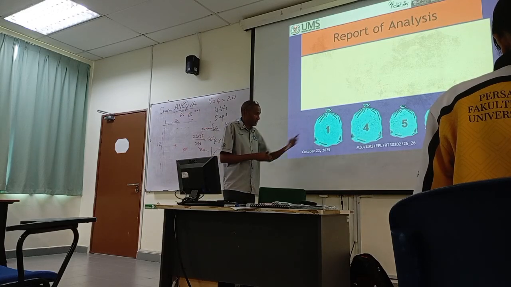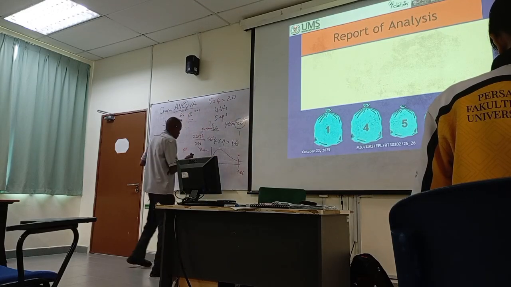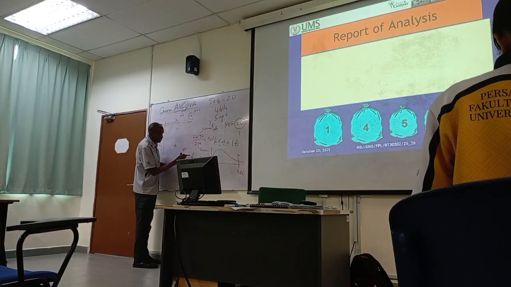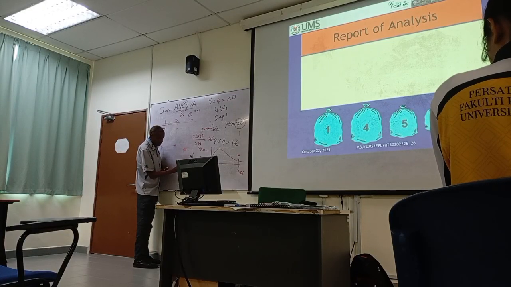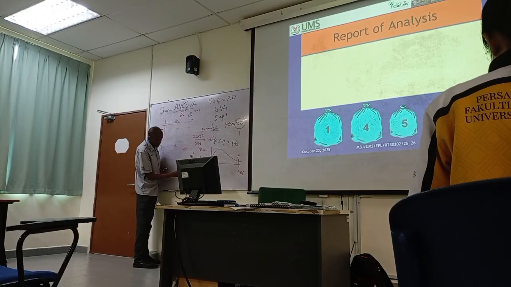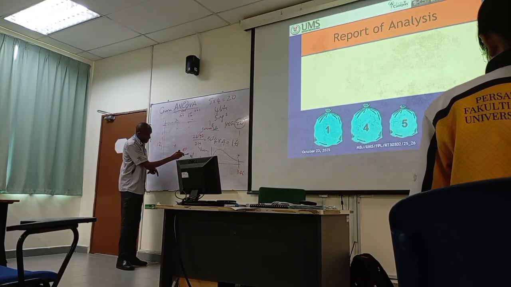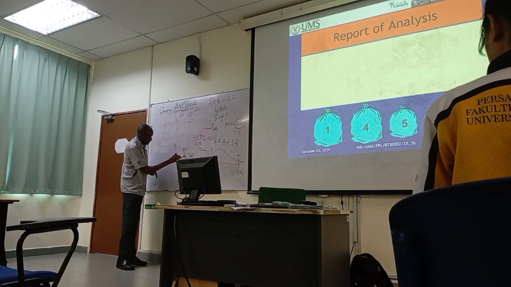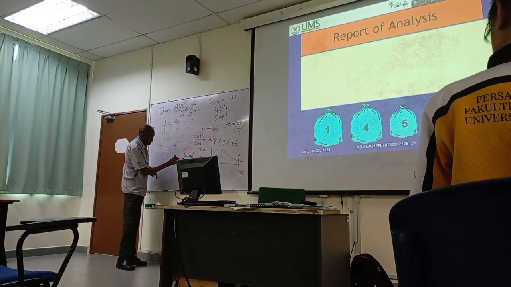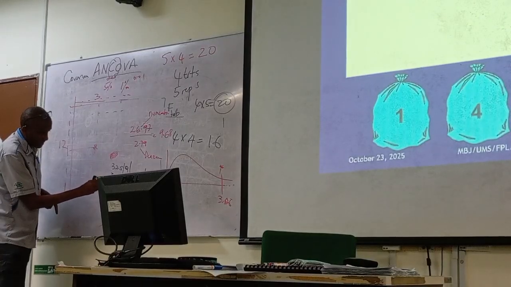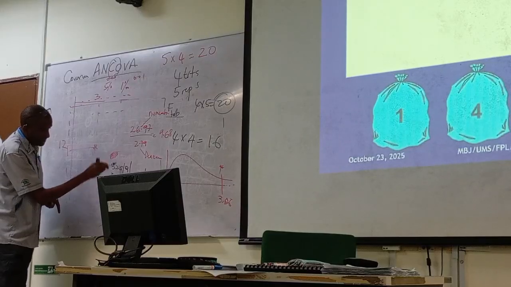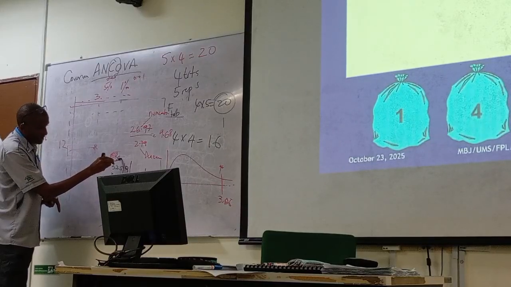So if you see the literature, usually when they put the mean, they will put a letter beside the mean. A, B, C, A, B, B, D, for example. So when you see these letters against the mean, maybe 32.5, 36.7, 38.9, this is the mean, let's say the mean height.